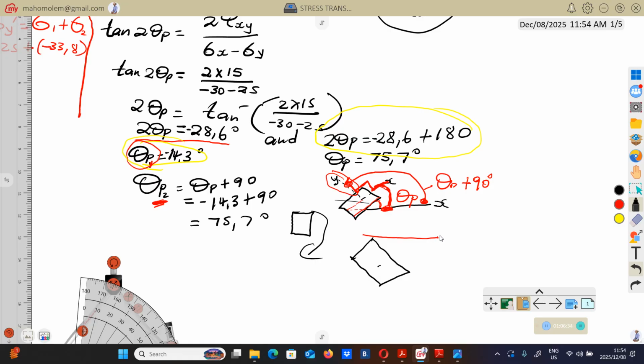So now if it's rotated like this, this is that principal stress on this plane, on this x-plane. Then we're going to have another principal stress here. So that theta P is going to be this angle or this angle here. It's the same thing.